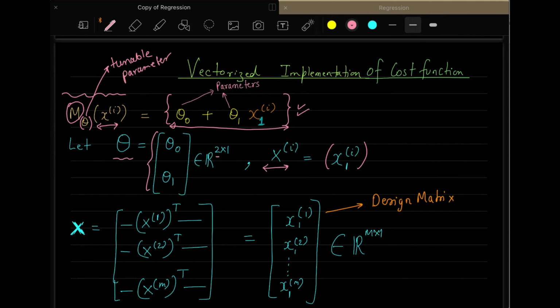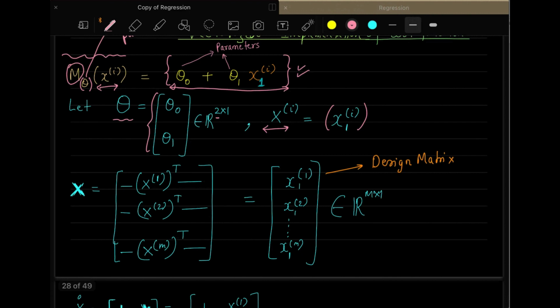Now we will create a bold matrix capital X. This is the bold matrix which has the transpose of all these elements, so it will be x1 transpose, x2 transpose, up to xm transpose. We stack them into a matrix which we denote by bold X, and we write it like this. It's very simple.